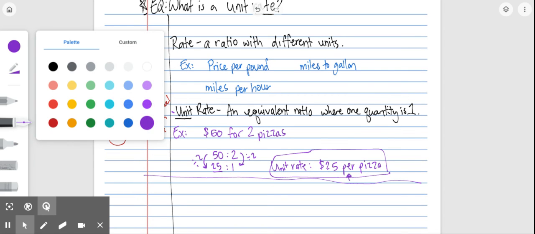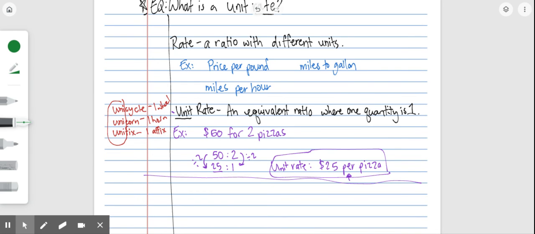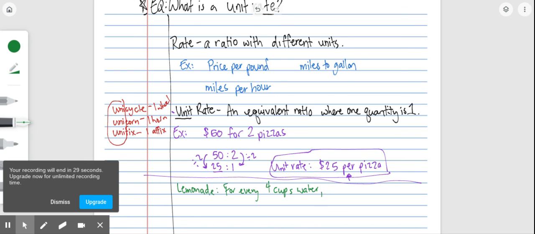So let's do an example. We're making lemonade. For every 4 cups of water, we use 2 cups lemonade.